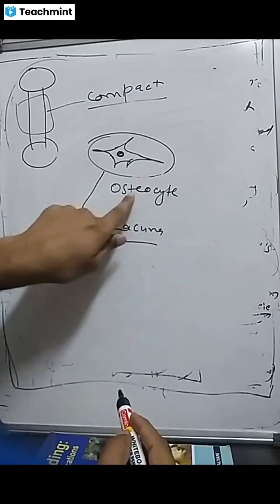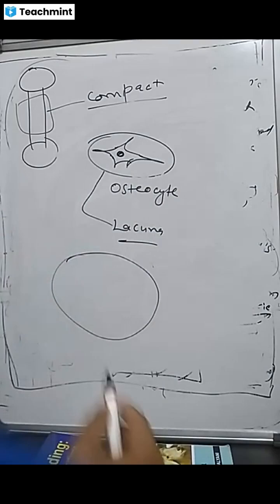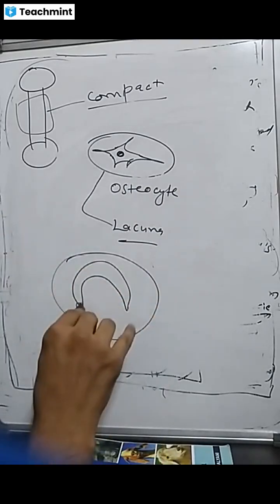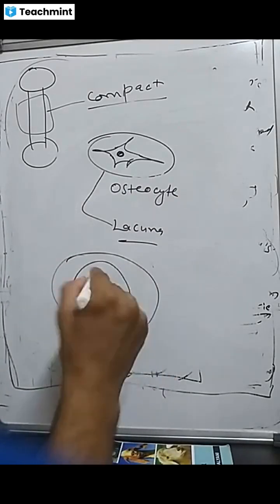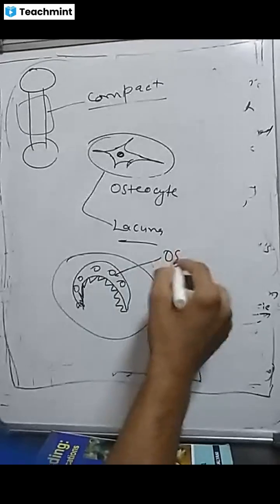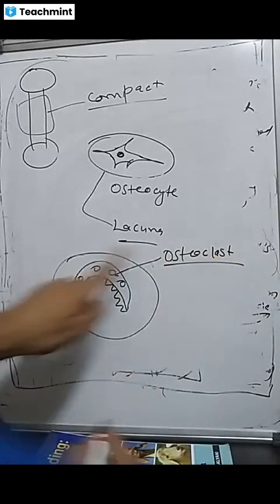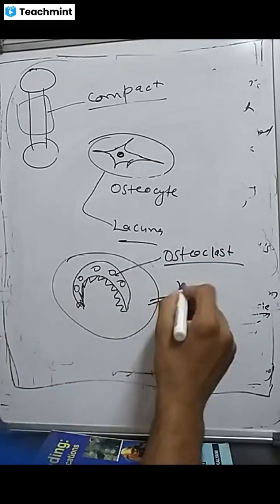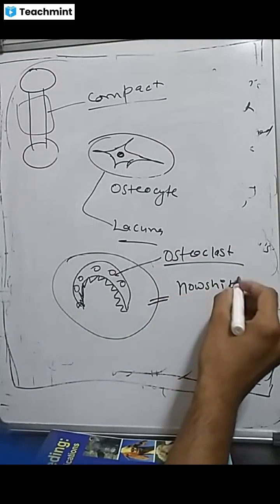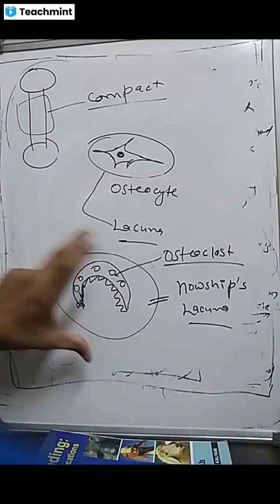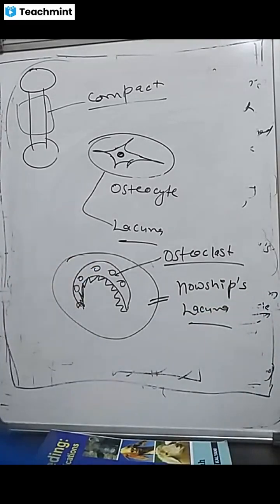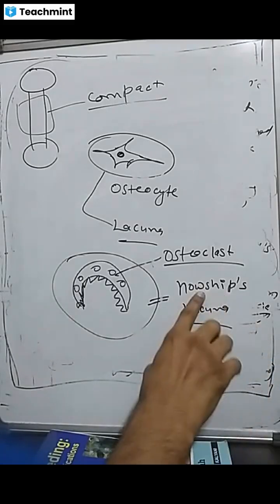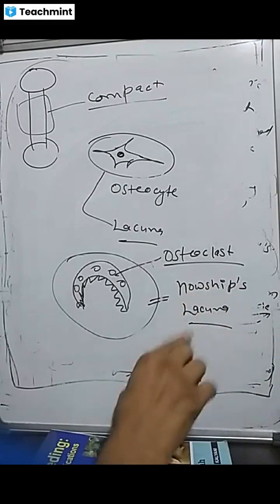If instead of the osteocyte, in this lacuna there is an osteoclast with a ruffled border, it is called Howship's lacuna.